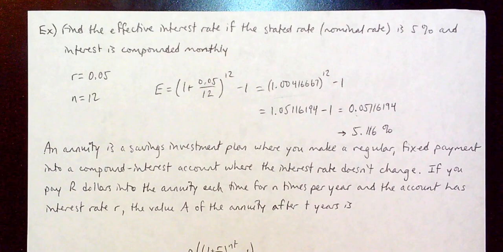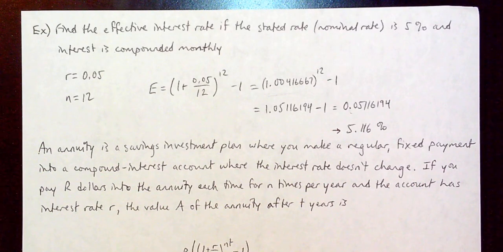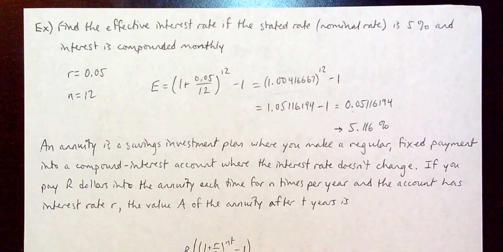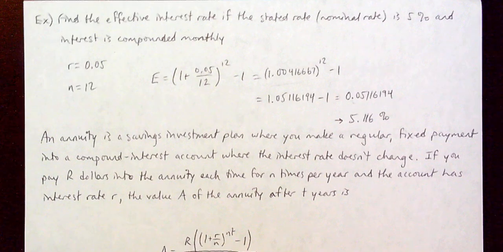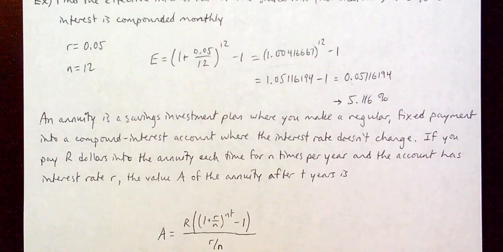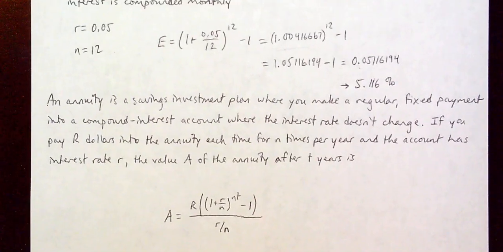And the last thing I want to mention and show you a formula on is a special type of savings investment plan known as an annuity. An annuity is a savings investment plan where you make a regular fixed payment into a compound interest account where the interest rate for this account doesn't change over the term of the plan.